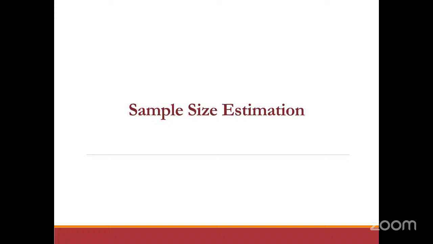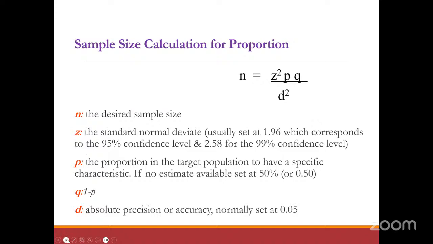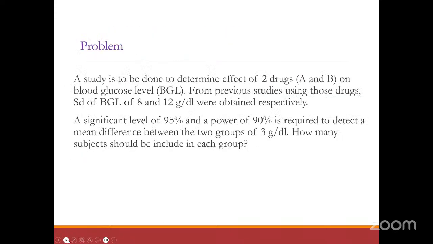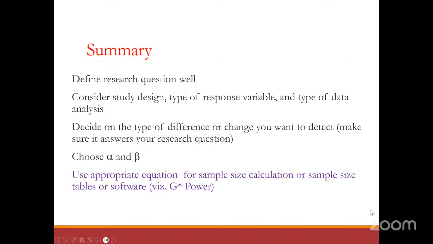And the last thing is sampling methods. This slide is completed, and the last case is how we will analyze the data. One thing I have to say is that you have to define the research question very well, be careful about your study design, your response variable, your outcome variable, and your analytical methods.